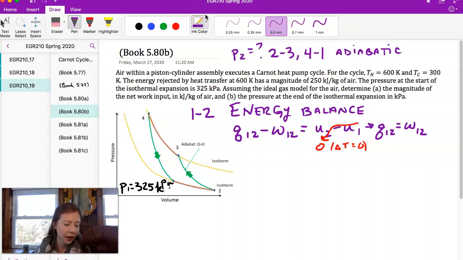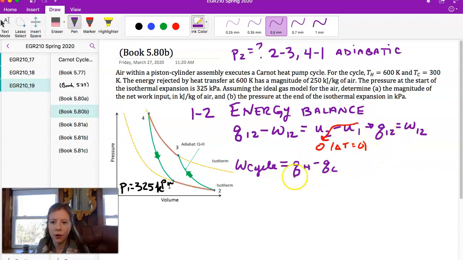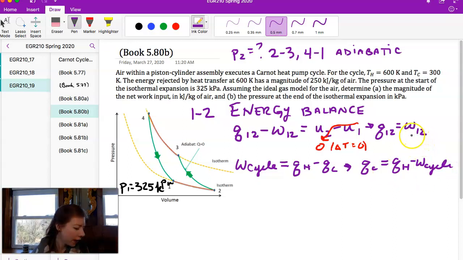So W cycle in this case is going to equal QH minus QC. We know QH, we know W cycle from part A, and so QC, which is our Q12, is going to be equal to QH minus W cycle.